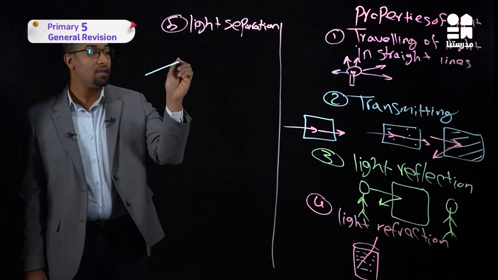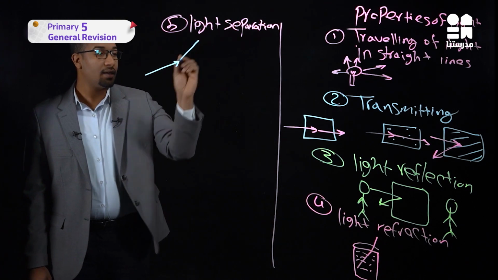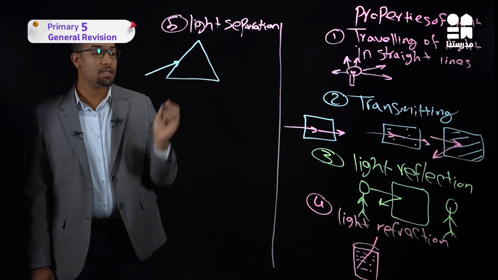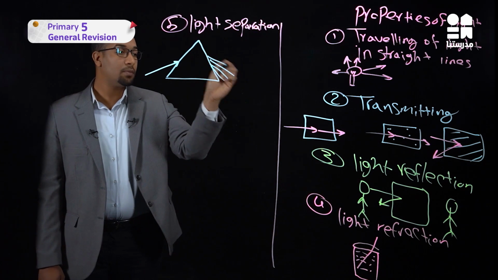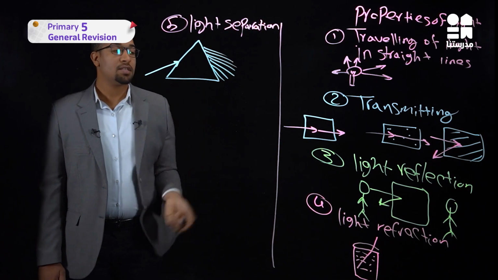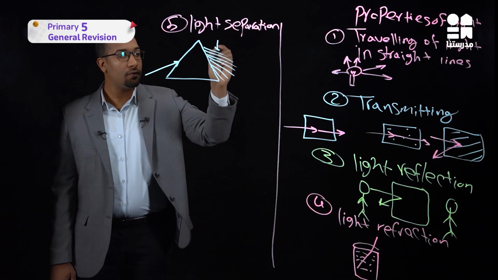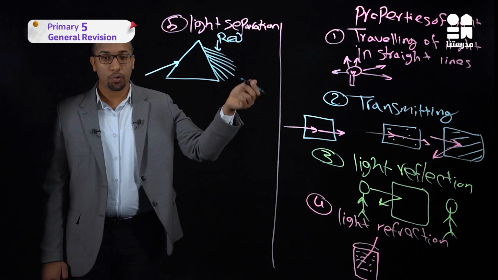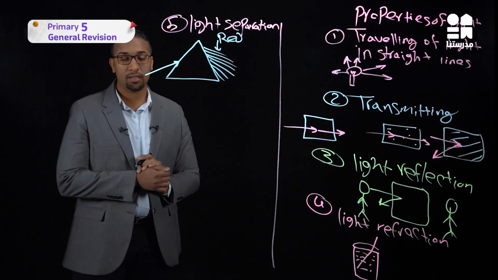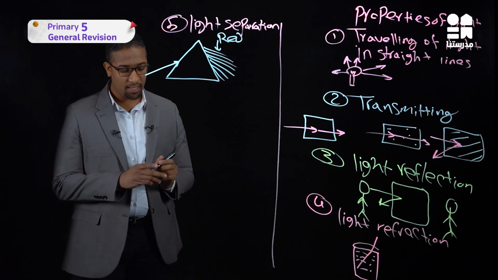So if we have here white light striking a prism, a glass prism, it will be separated into 7 spectrum colors. 7 spectrum colors start here from red. Red, orange, yellow, green, blue, indigo, and violet. And these are called spectrum colors.